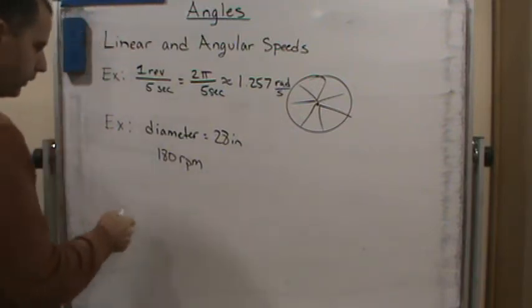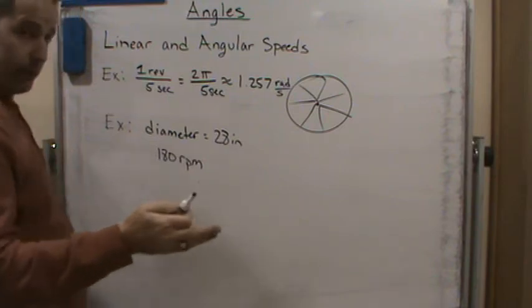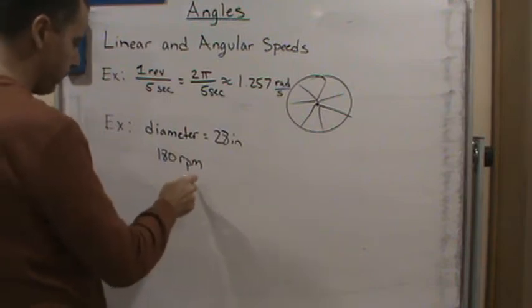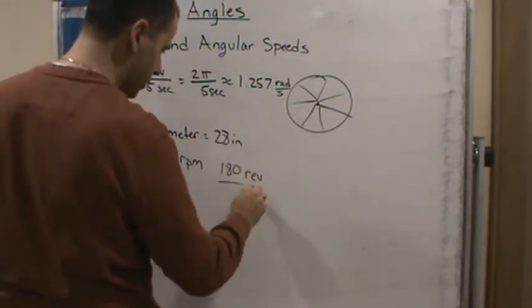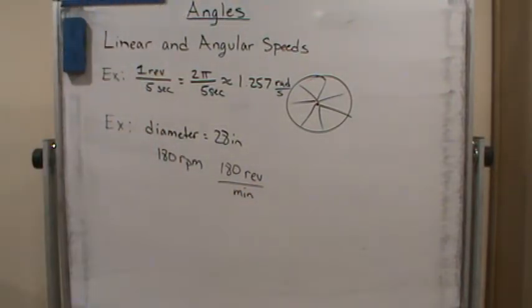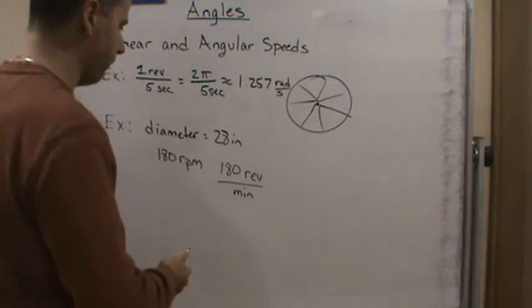We're going to write this in angular speed and then use our formula to convert it to linear. So that's 180 revolutions per minute, and I'm assuming they want miles per hour, since typically that's the way we do it.